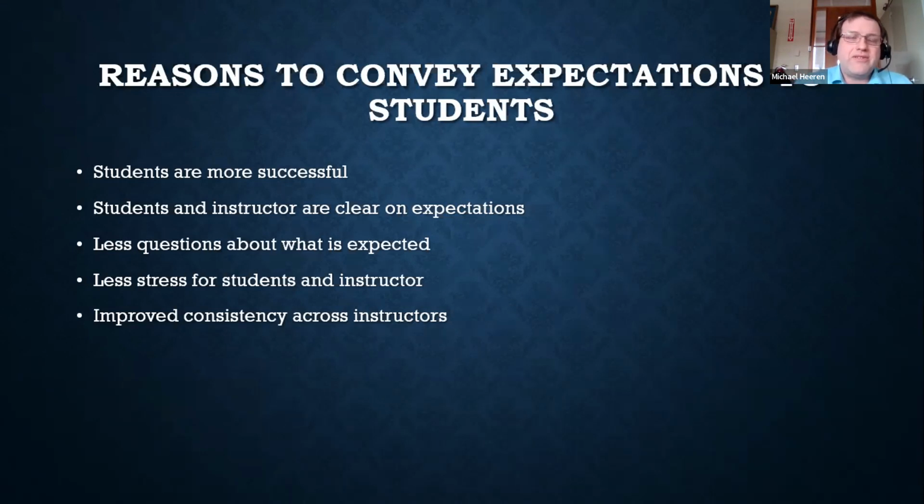Next, if you have a good rubric, you're going to have a lot less questions about what is expected. And I don't know about you, but if I can explain to my students and show them quickly on a rubric what's to go on, I don't have tons of emails flooding in at me saying, is it okay if I do this? Do I have to have references?